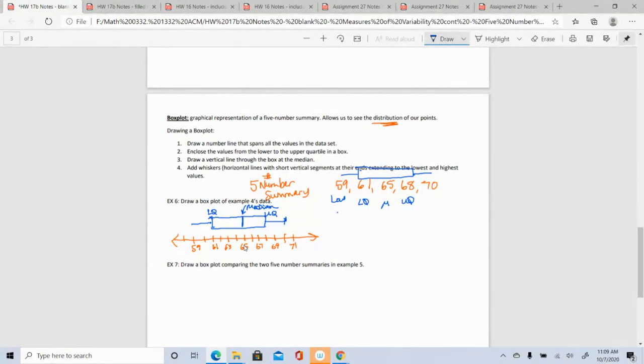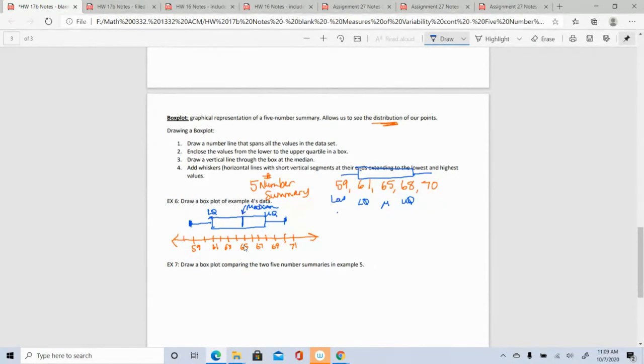And usually they put some kind of little thing on the end of it just so you can see where it ends. So that shows us our range. It shows us the numbers are all between 59 and 70. I didn't really make that very good. But this gives us an idea of where the lower quartile is, we know where the median is, it's inside the box, and the upper quartile.